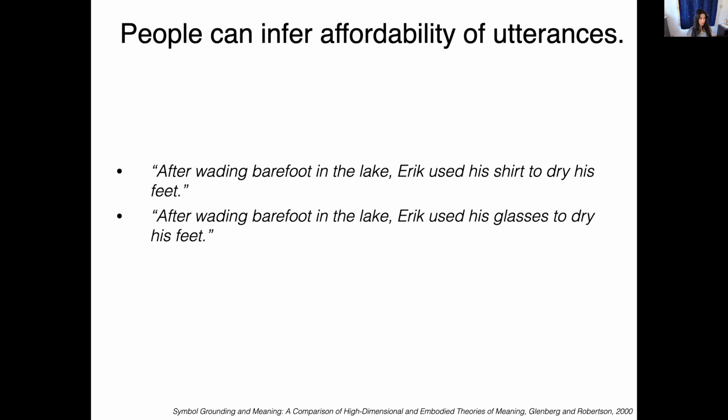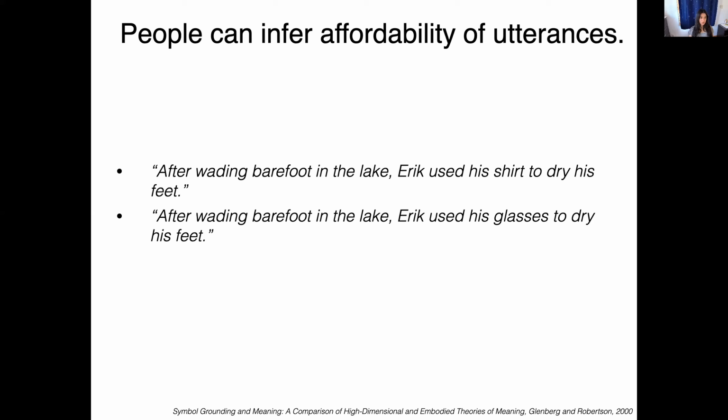There, Glenberg and Robertson conducted some human studies where they showed human subjects pairs of sentences which were grammatically and syntactically identical, but semantically different. Sentences like: after wading barefoot in the lake, Eric used his shirt to dry his feet, versus after wading barefoot in the lake, Eric used his glasses to dry his feet.